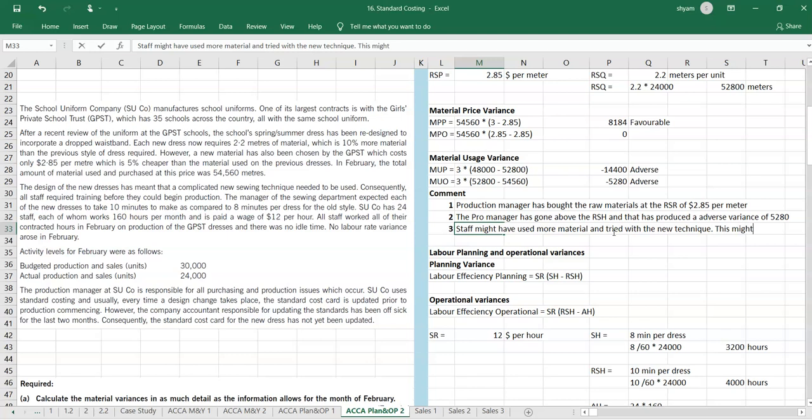This might have resulted in more material usage. I think they might have tried it again and again, so that might have led to more material being used. So this is the comment here.